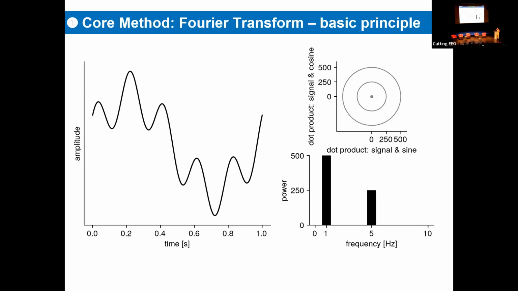So this is the end result that we will get. This signal is composed of an oscillation with 1 hertz and a smaller contribution from an oscillation with 5 hertz. Just a small synthetic signal.